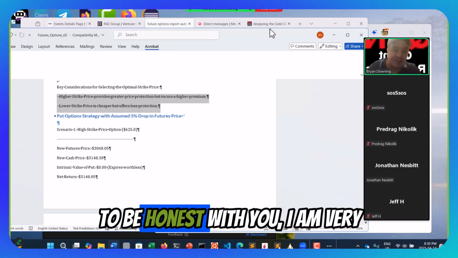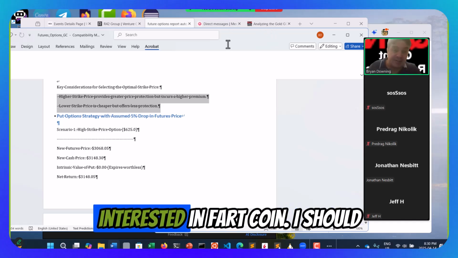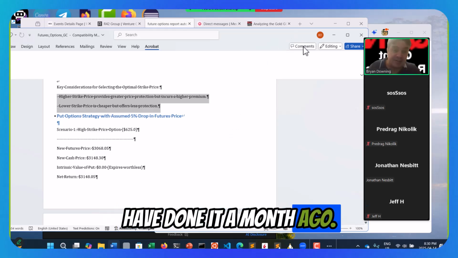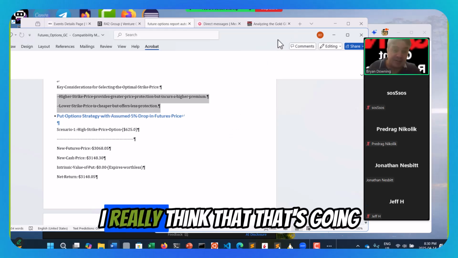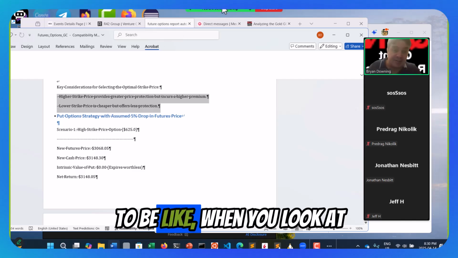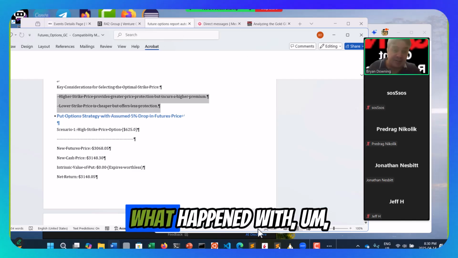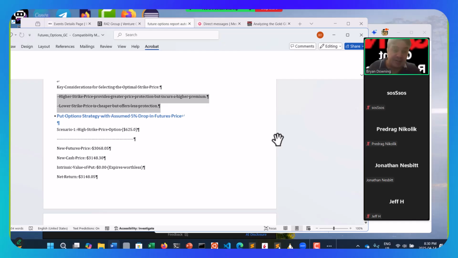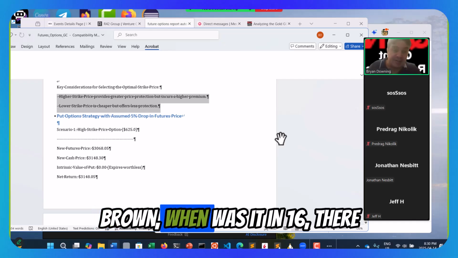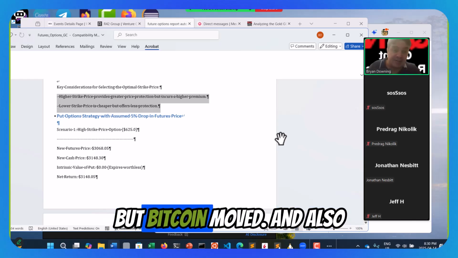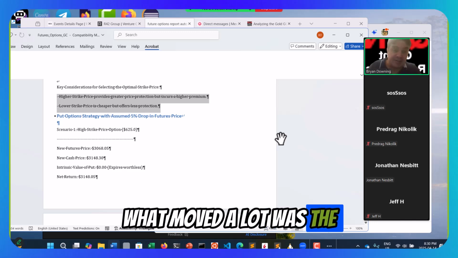Are you gonna buy some of this purple asset? To be honest with you, I am very interested in Fartcoin. I should have done it a month ago. When you look at what happened around 2016, there were some challenging markets, but Bitcoin moved, and also what moved a lot was Doge.